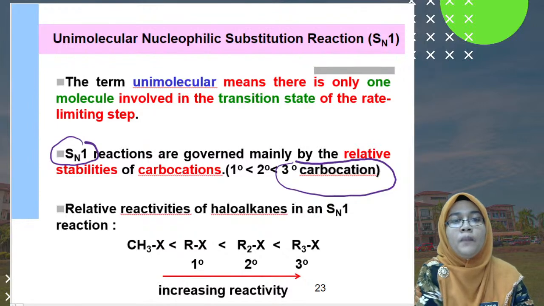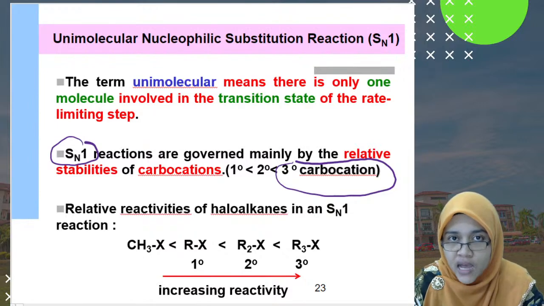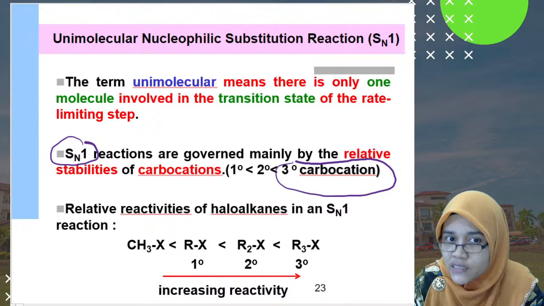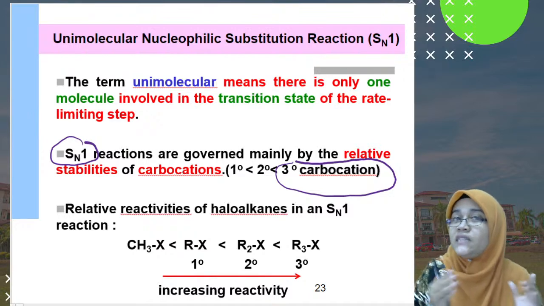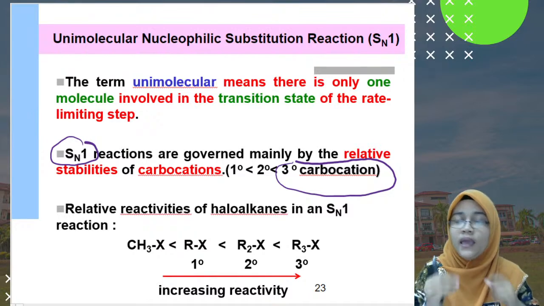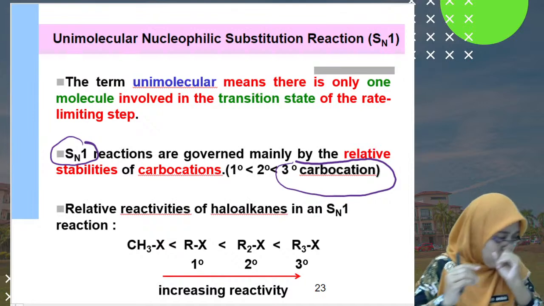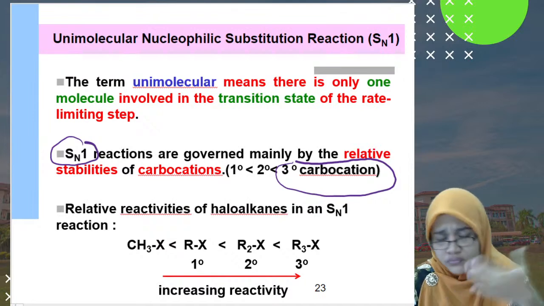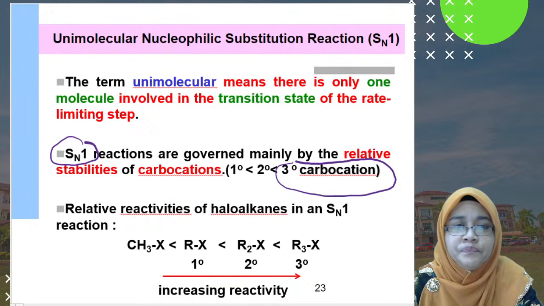When we have a tertiary haloalkane undergoing nucleophilic substitution, it chooses the SN1 way. Why? I will tell you shortly.